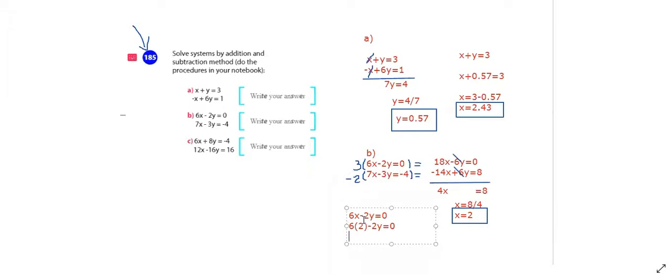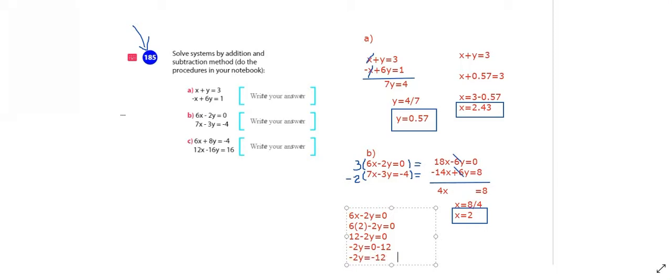Then I solve the parentheses, which will be 12 minus 2y equals 0. And then I know that I need to isolate my letter y. As the 12 is positive, it goes negative to the other side, and I know that minus 2y will be equal to minus 12.